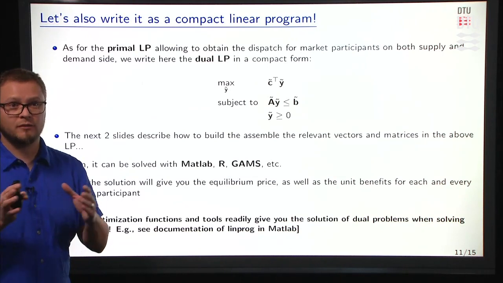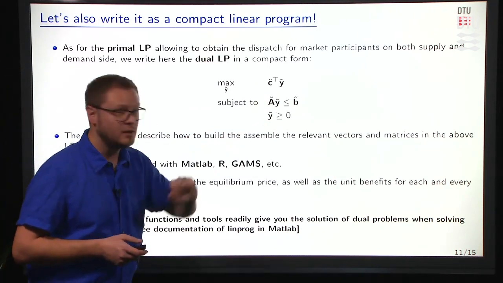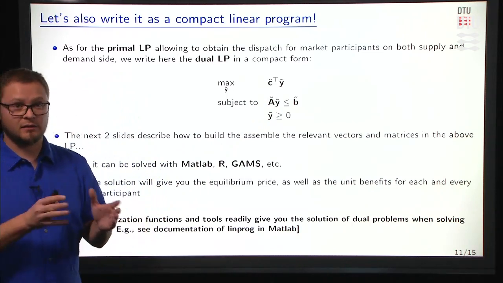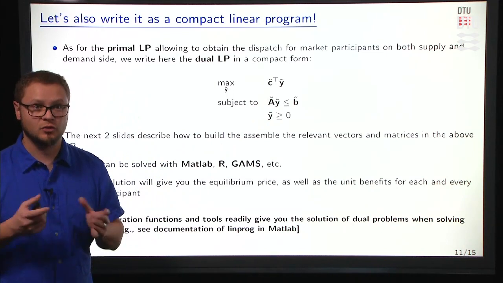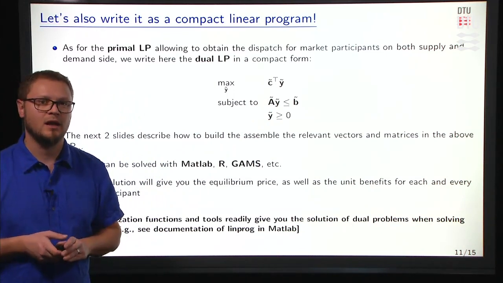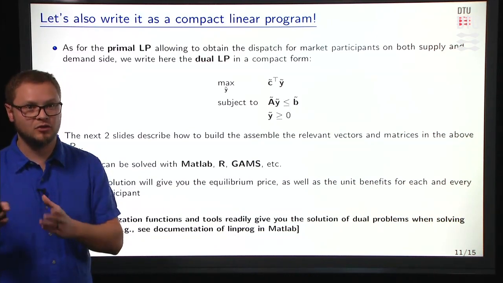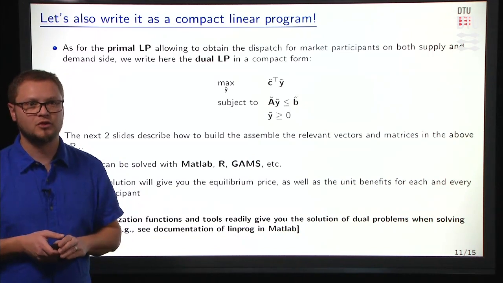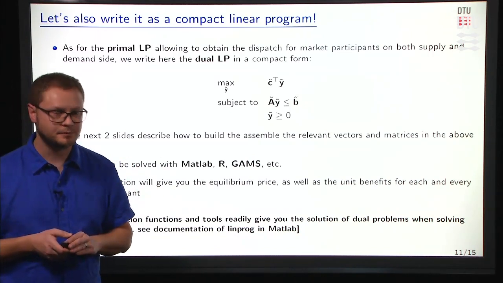This dual of the original linear program can be written in a compact form again, and then you can feed MATLAB, R, or GAMS so as to get the solution of this dual linear program, and eventually get lambda s, the equilibrium price, and the nus, so this differential between original offer prices and the equilibrium price.